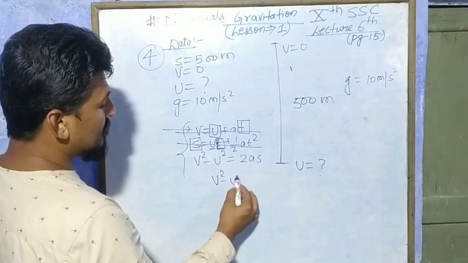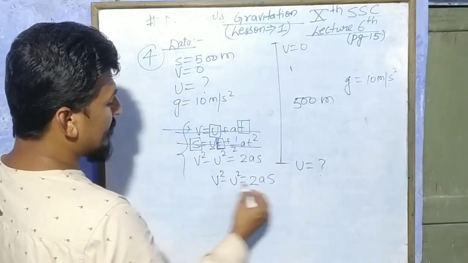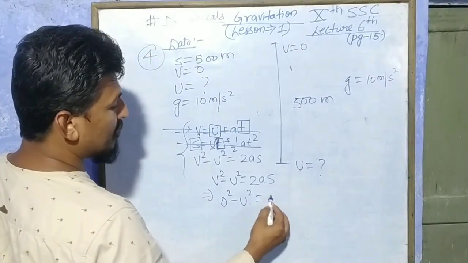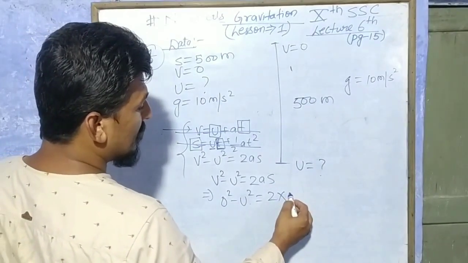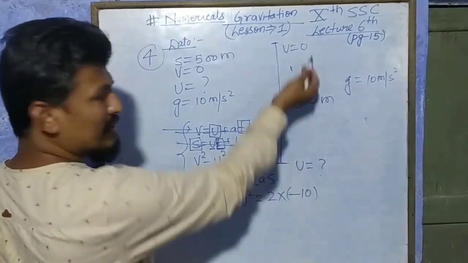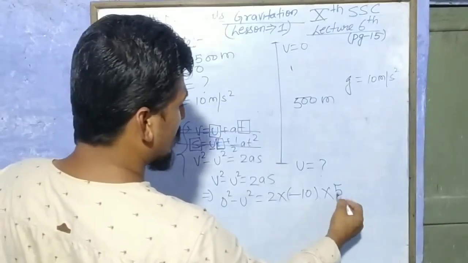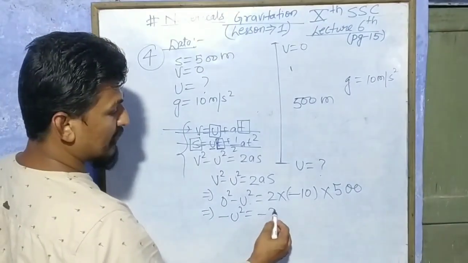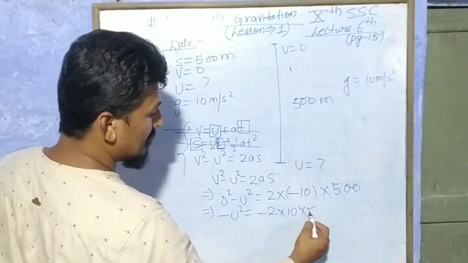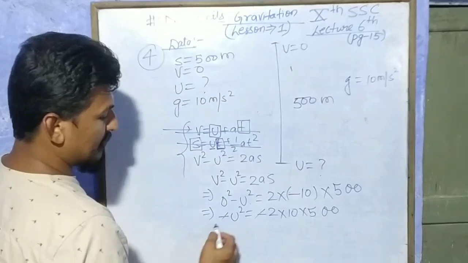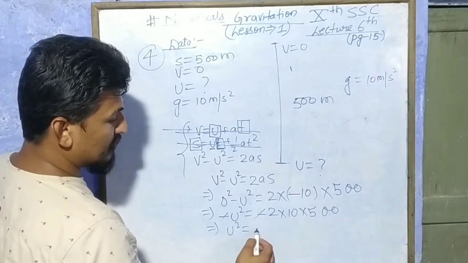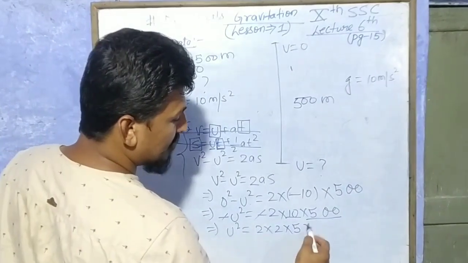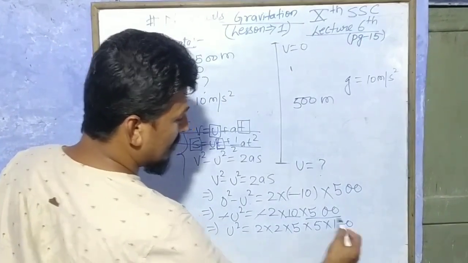V square minus U square equal to 2AS. V is 0. 0 square minus U square equal to 2 into A, which is minus 10 because it is against gravity, and S is 500. This becomes minus U square equal to minus 2 into 10 into 500. So U square equals 2 into 10, which can be written as 2 into 5, and 500 can be written as 5 into 100.